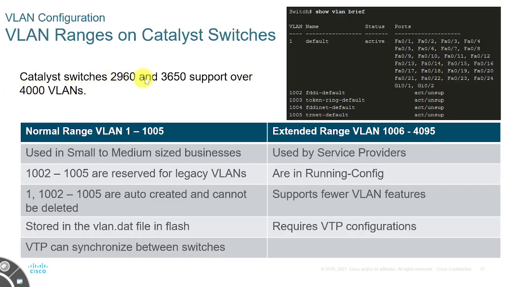We can create a large number of VLANs on these switches. Imagine. The normal range is VLAN 1 to 1005, used in small to medium-sized businesses. The VLAN numbers 1002 to 1005 are reserved for legacy VLANs.